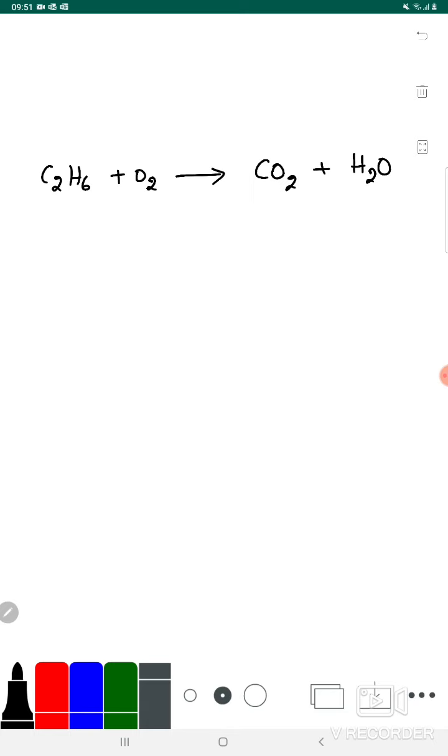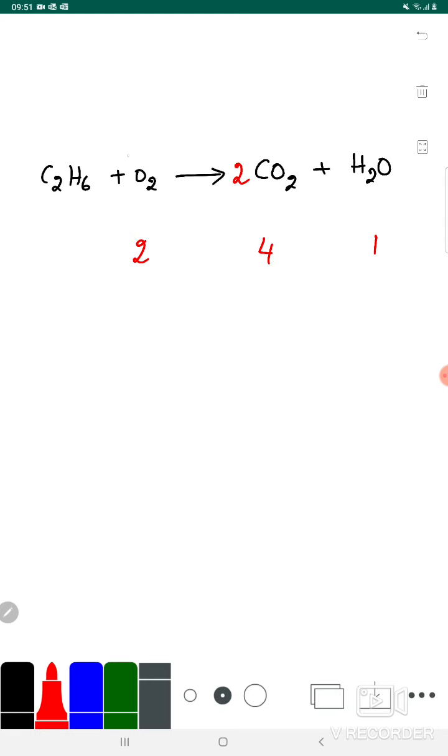Now as you can see over here, I have 2 carbons and only 1 carbon here, so make it 2. Next move to oxygen. So oxygen I am having 2 here, here I am having 5, 4 plus 1, 5.